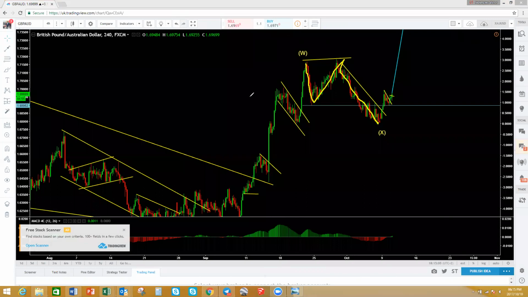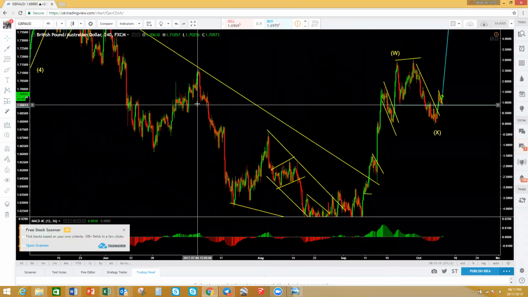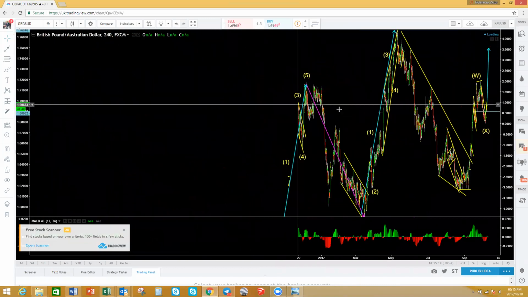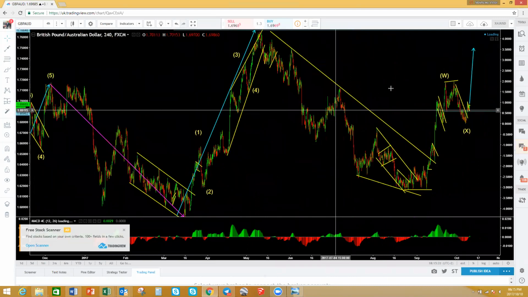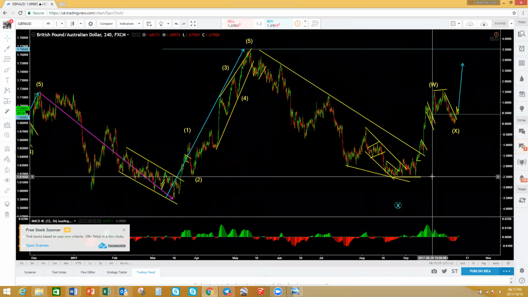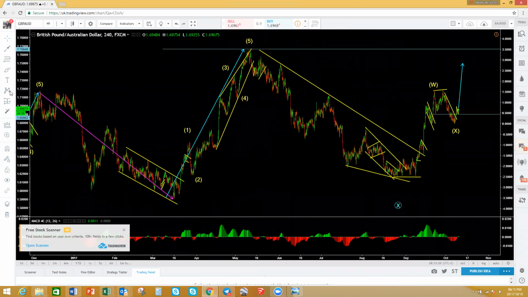Okay, we had this swing here, going all the way, WX, and what I'm anticipating here is this. Some of you who've been in our free Telegram group for some time will know that I sent this trade, set up for a trade right here at the bottom, and this was the reason why.